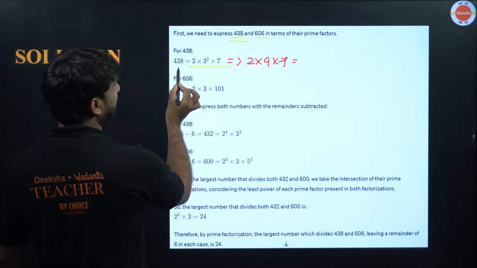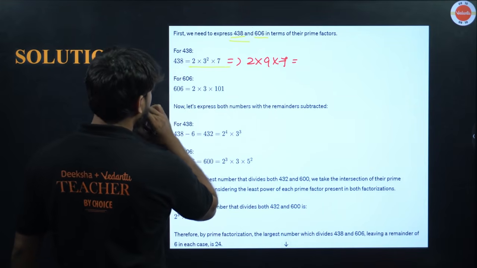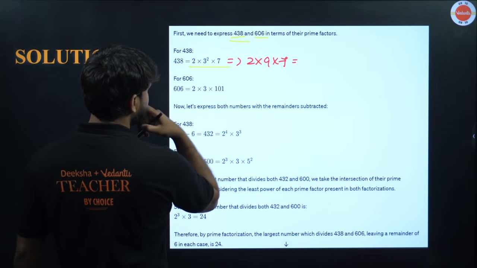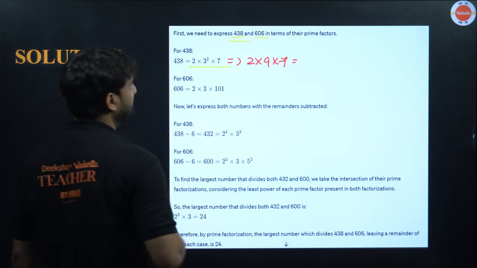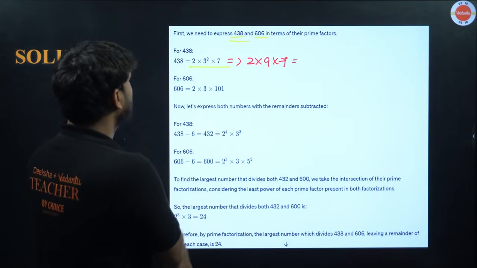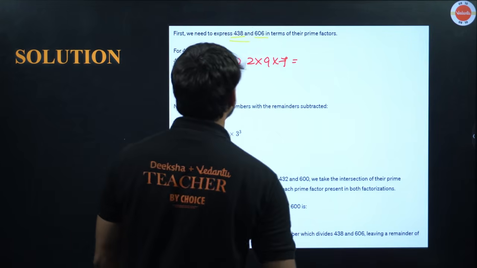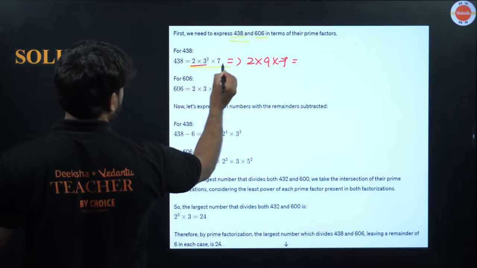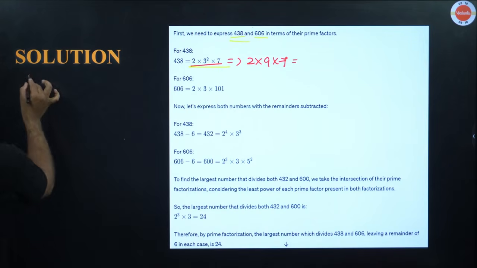This is not 438, so something is missing here. This is not correct. Let's check it once again. This prime factorization looks wrong.